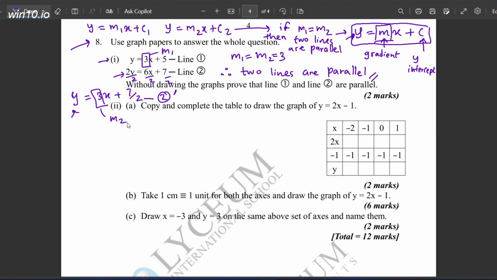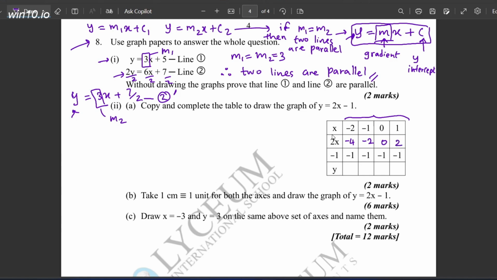So then second part A, copy and complete the table to draw the graph of y equals 2x minus 1. First, we have to complete this table. So for x, they have given the values from minus 2 to plus 1. So we have to get 2x. So minus 4, minus 2, 0, 2.